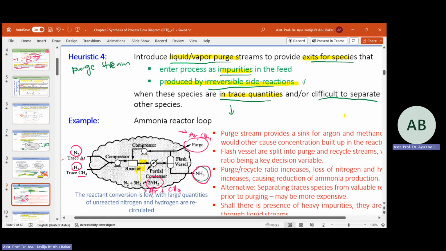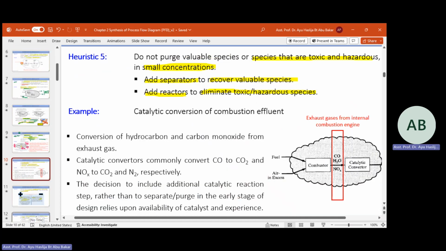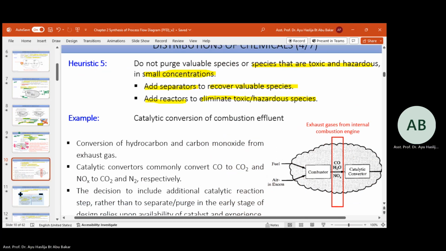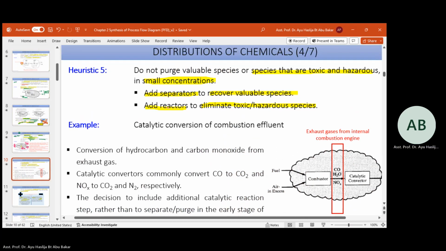Any question? Okay, last slide. We go to the last slide. Heuristic number 5. Do not purge valuable species or species that are toxic and hazardous, even in small concentration.